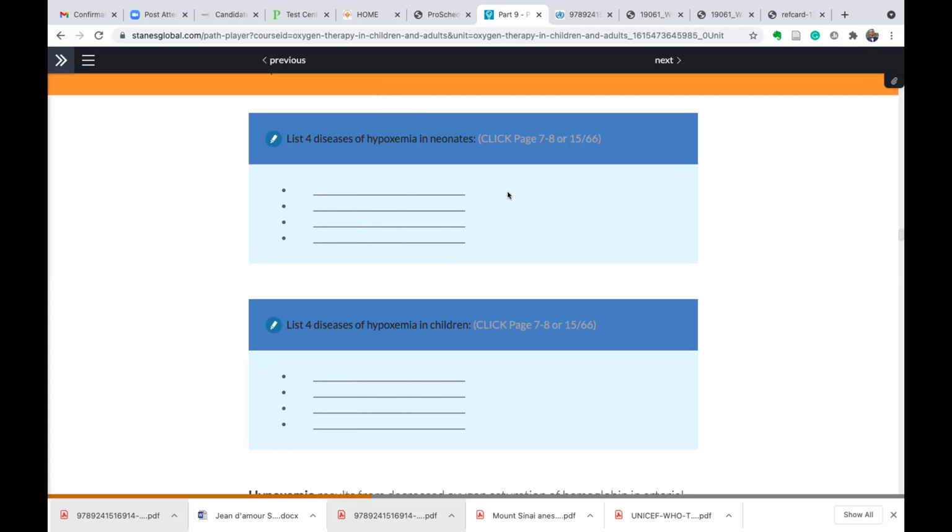Yeah, who has done a rotation in NICU? We're just asking about hypoxemia in neonates, children who were born less than 4 weeks ago.